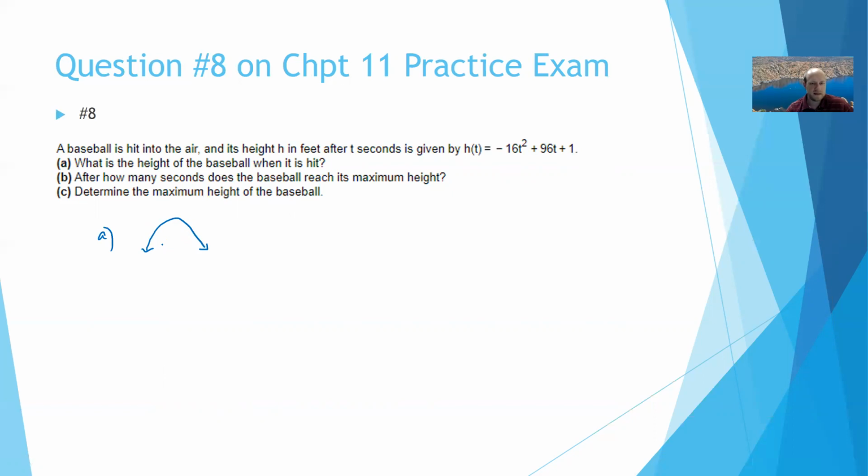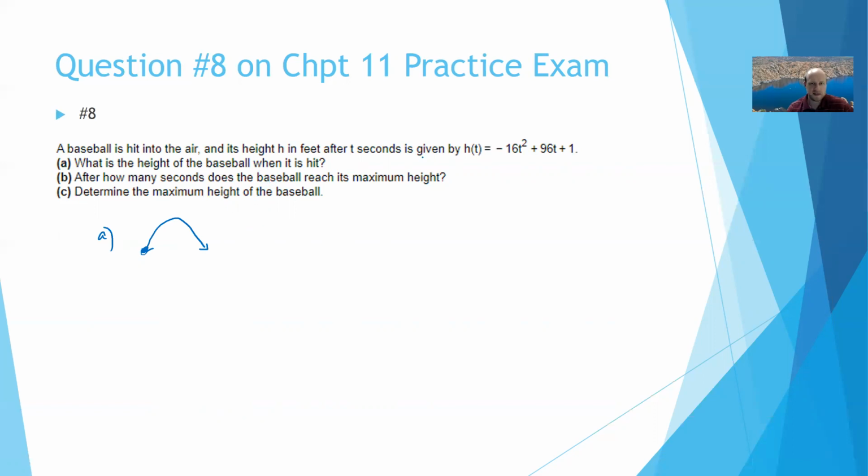But anyway, basically what we need to do here for the first question is find out what is the height when it is hit. Well, the thing we have to ask ourselves is, when it is hit, what is the time?